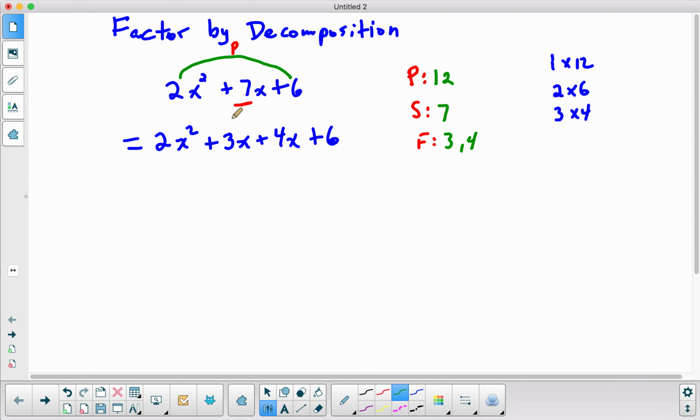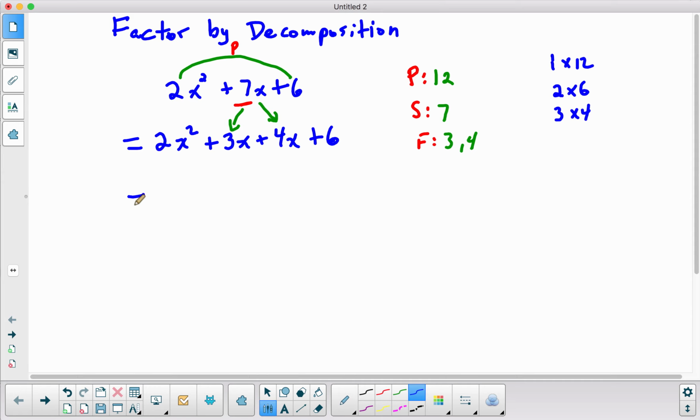So we've rewritten the middle term 7x into two terms that add to get 7x, 3x plus 4x. That's the first step: rewrite that middle term using the two numbers that we found. Okay, next step.